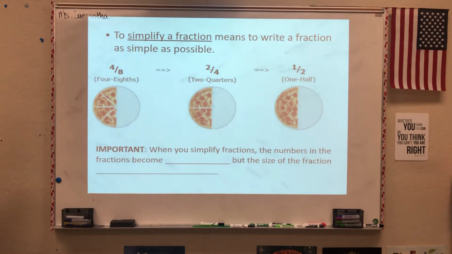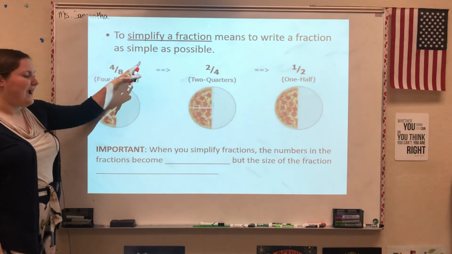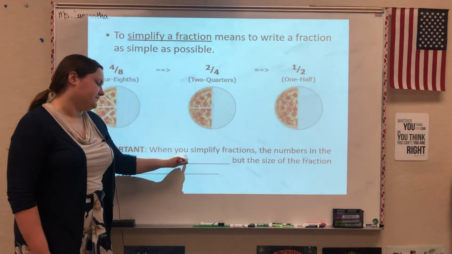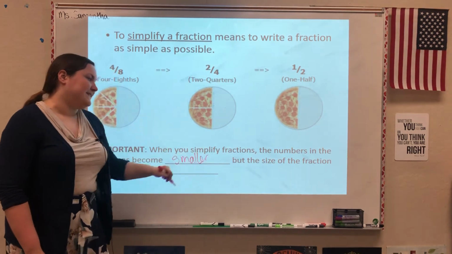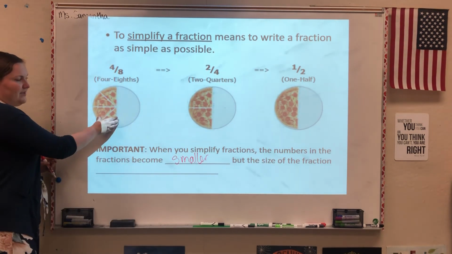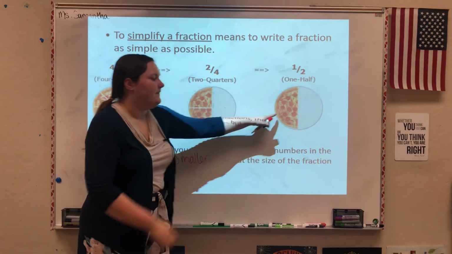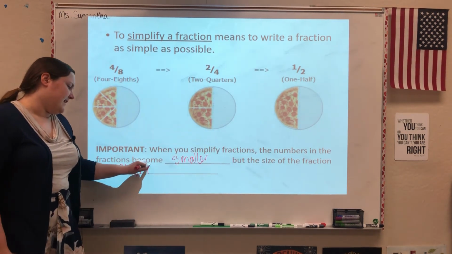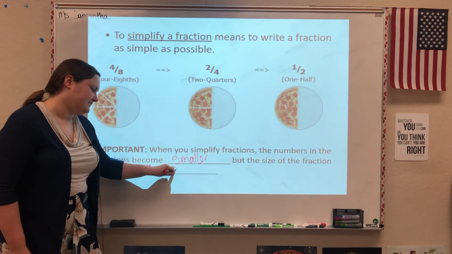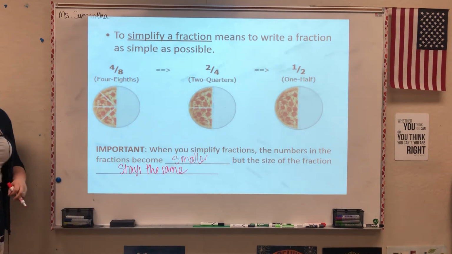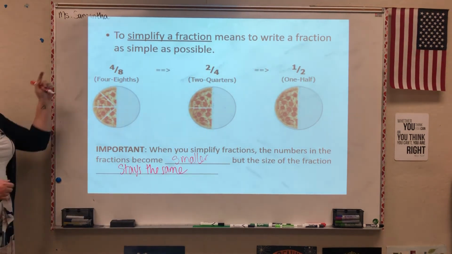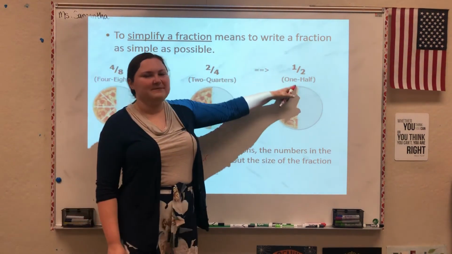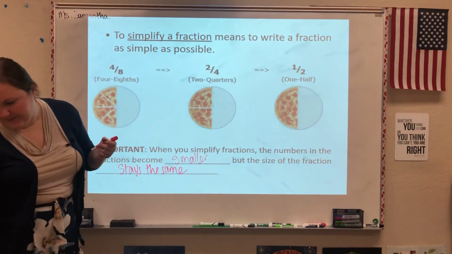Important: when you simplify fractions, the numbers in the fractions become smaller, but the size of the fraction, so the amount of pizza we have, stays the same. That'll be important to help you consistently picture these amounts, right? Even though the numbers are getting smaller, they're all the same amount of pizza.